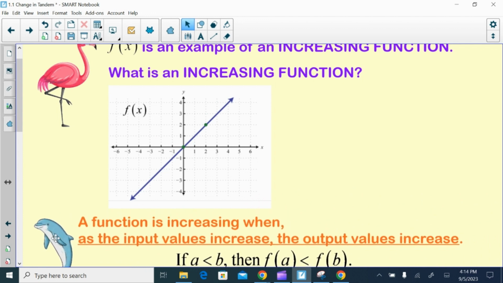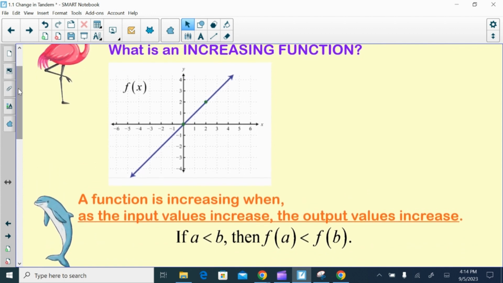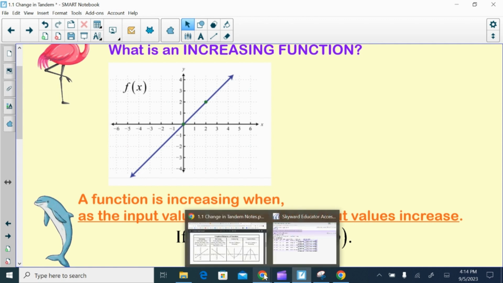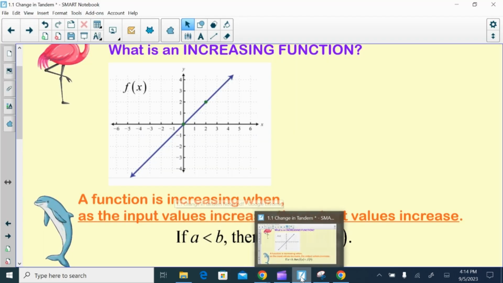They tend to write down the things that are more important, rather than if I just put it all on the board at once. So here I'm saying that a function is increasing when, as the input values increase, the output values increase. This is the same definition that we have in Brian's notes, just giving the students a little bit at a time in the Smartboard notes.